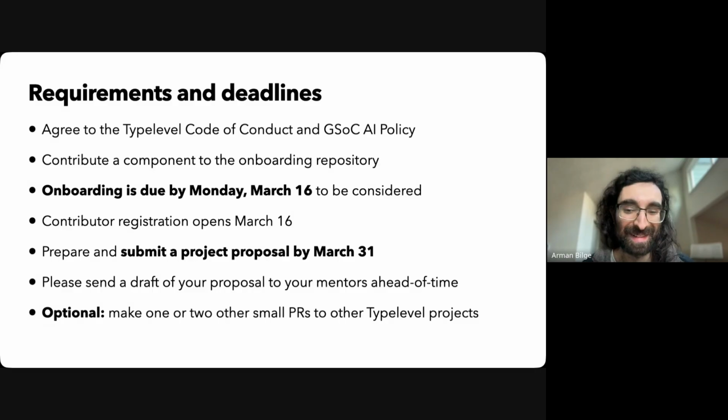That doesn't mean like one hour or one day, but ideally a week before, so that we have a chance to look at it and hopefully give you some feedback. I can't promise, because there are a lot of applicants this year, and we'll do our best. But the sooner you can send us a draft, we're definitely happy to take a look at it, and we'll try to give feedback if possible.